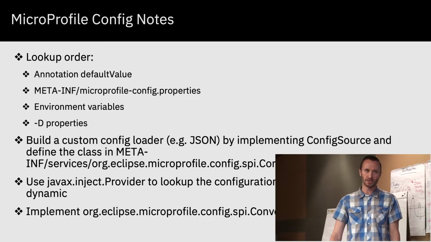You can also build custom implementations of the config loader, for example if you want to load from JSON or reload dynamically. And you can do serialization and deserialization of different types, custom types beyond strings, booleans, and basic types.